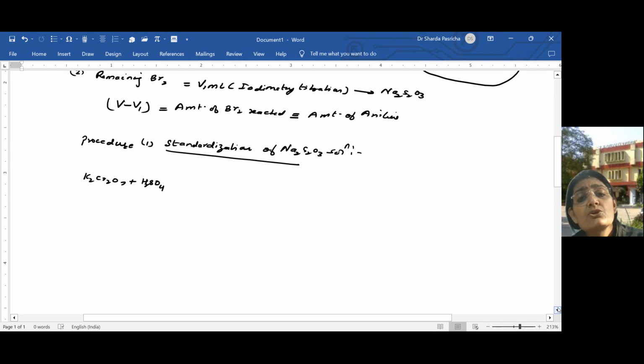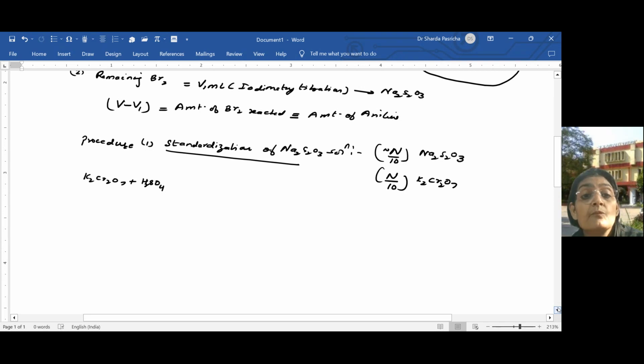So how is the standardization of sodium thiosulfate done? What you do is you prepare approximately N by 10 sodium thiosulfate, and standardize it by titrating with N by 10 potassium dichromate solution. How is the titration done?